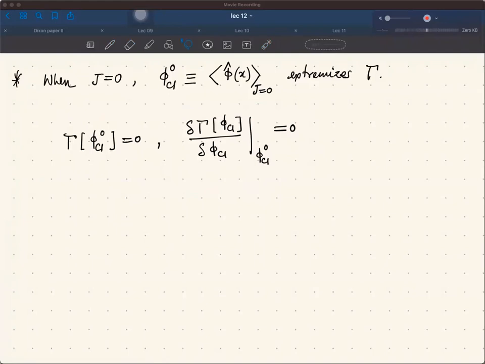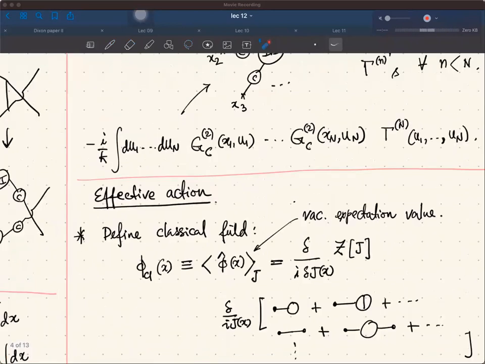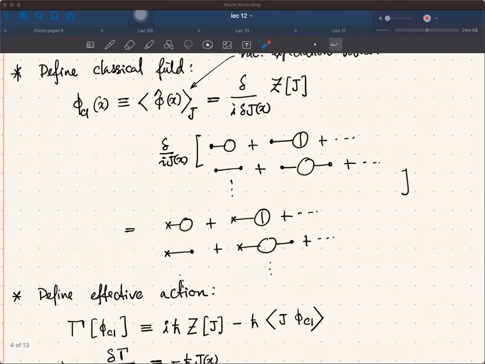If that solution is constant, which corresponds to a Lorentz invariant vacuum, then as an example, we have calculated that in our quantum field theory, phi cube theory. The entire calculation had inbuilt from the very beginning that the vacuum around which the perturbation expansion was being formulated was Lorentz invariant.